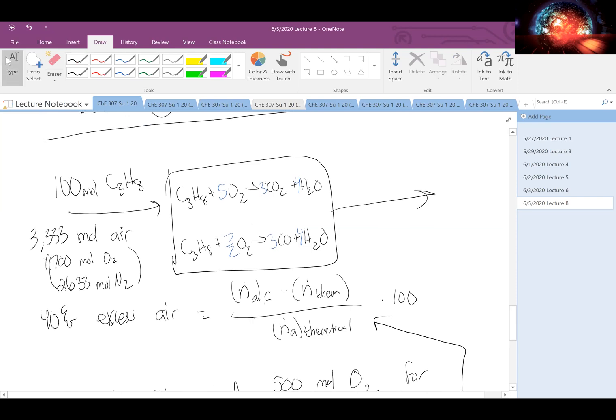Now, the nitrogen doesn't react, so I can just immediately carry that over and say in the output stream, I have that 2,633 moles nitrogen.